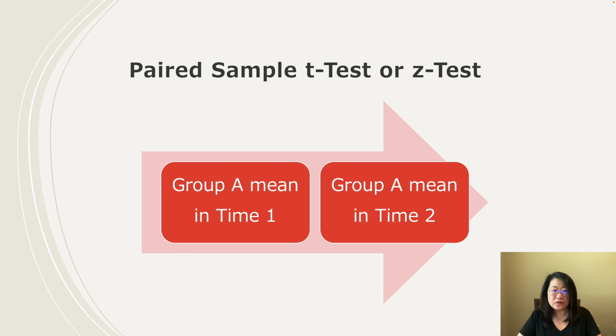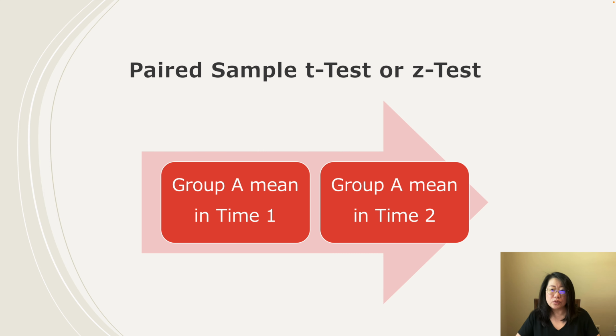The third type of test is the paired sample t-test or z-test. It compares the same group's mean at time 1 and time 2. This kind of test is normally adopted for experimental studies to test if a certain experiment is effective, before and after.